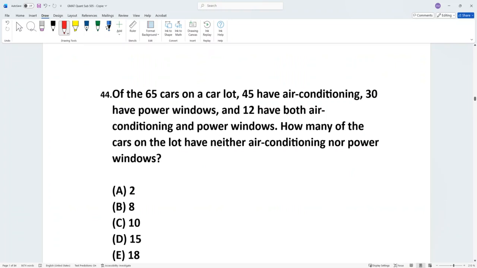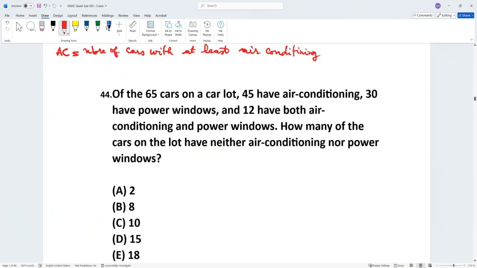So first of all, we are going to call AC the number of cars with at least air conditioning.